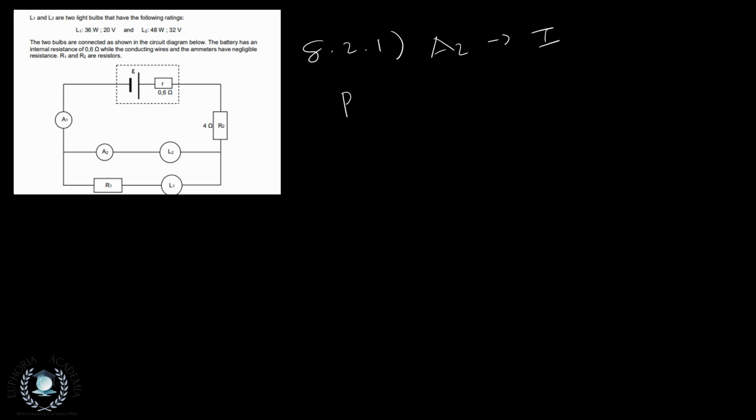The power is equal to the voltage multiplied by the current. That's the equation I'm going to use to find the current because we already have the power. The power for L2 is given as 48 watts, and the voltage is given as 32 volts, and we're trying to find the current. We just do our algebra and we will find that our current is equal to 1.5 amps.